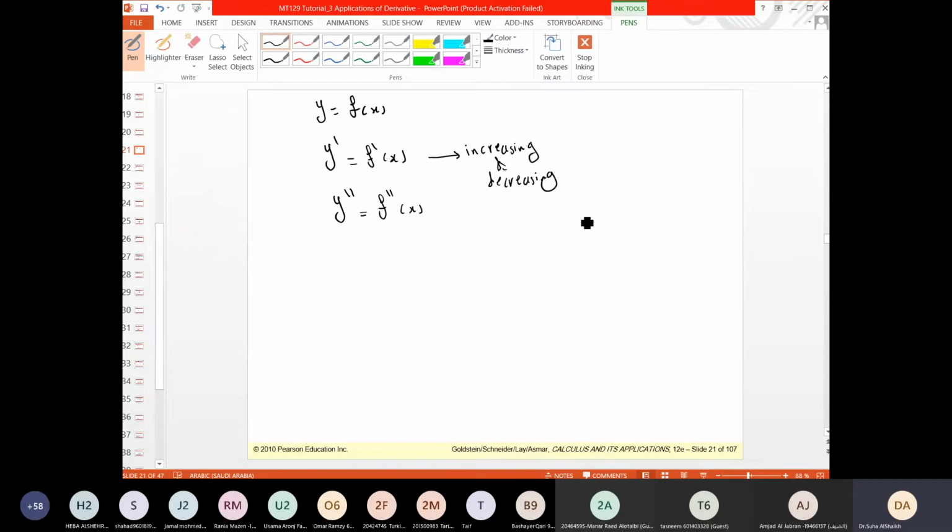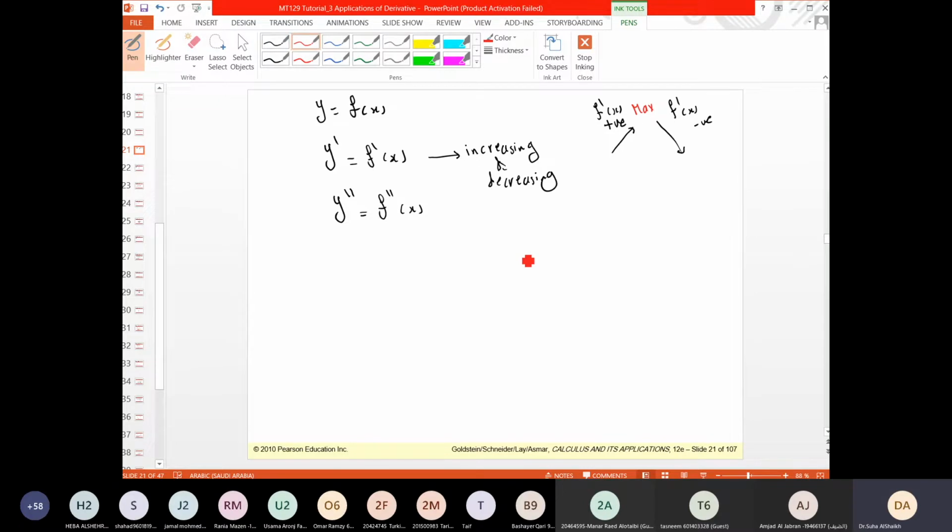Do you remember that? If my f dash is positive, it means it is increasing, and if my f dash changes to be negative, it means the function is decreasing, we say we have a max point. You remember that?